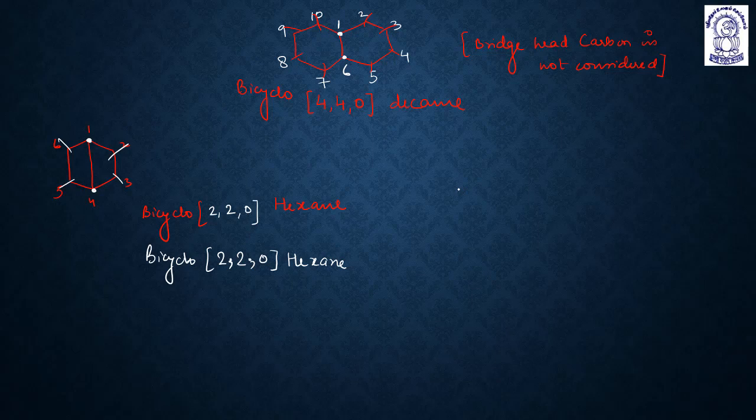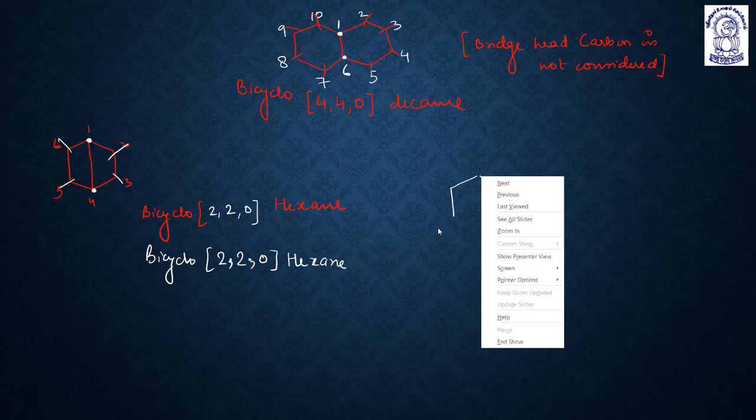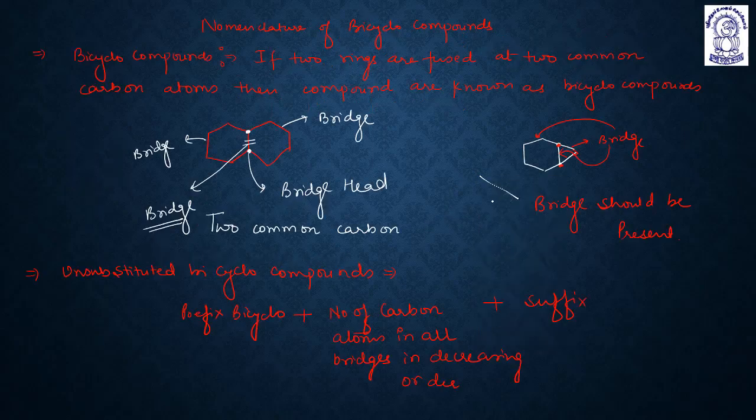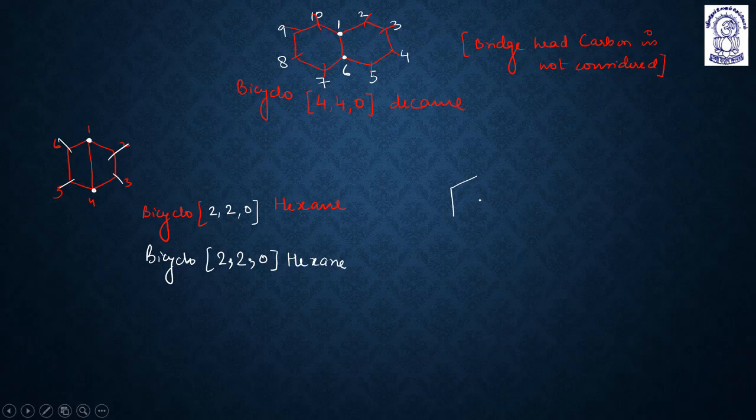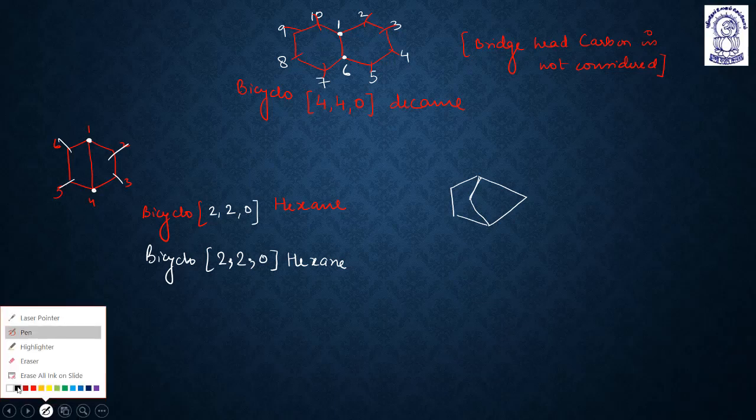Now I'm giving some more examples. Understood? So identify the bridgehead carbon.